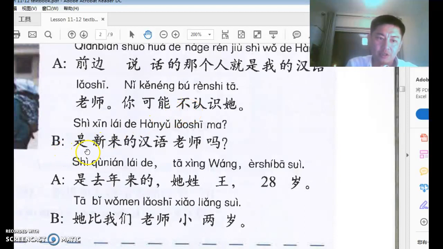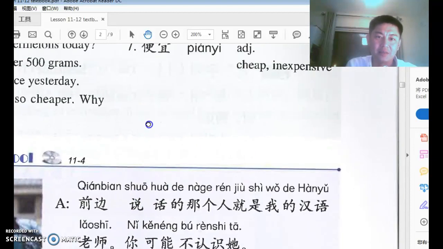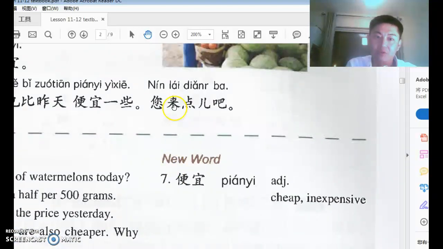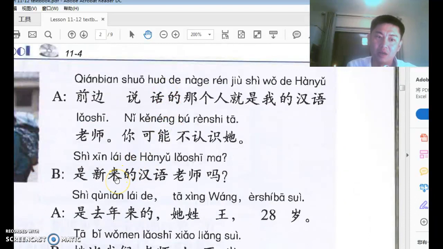And B says 是新来的汉语老师吗？汉语老师 Chinese teacher, 新来的 newly come. See, this 来 is definitely not the same as this 来, although it's the same word, same meaning. You 您来点, you take some, you buy some, and this 来 is arrive, to come, to arrive at this place.